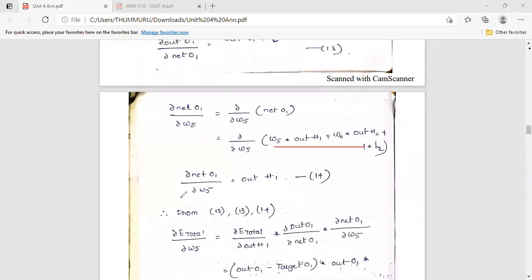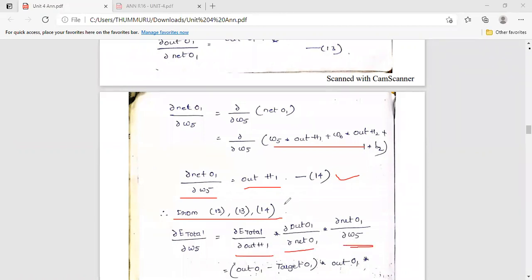And finally, out H1 is the value for dou net O1 by dou W5. This is the 14th equation. So we calculated the individual equations 12, 13, 14.